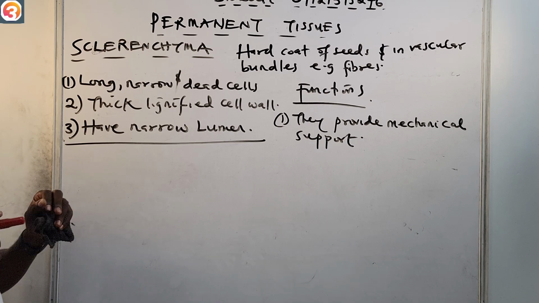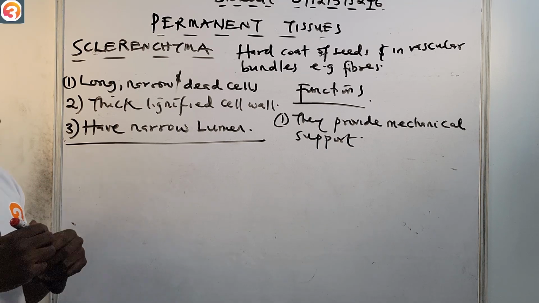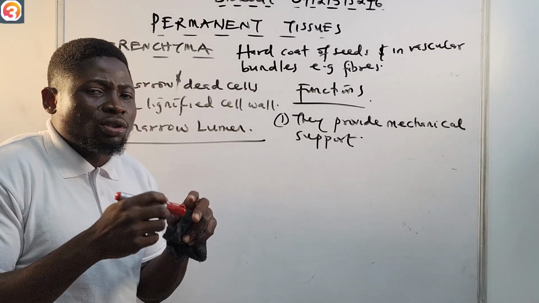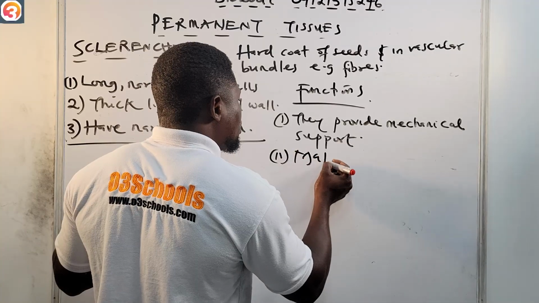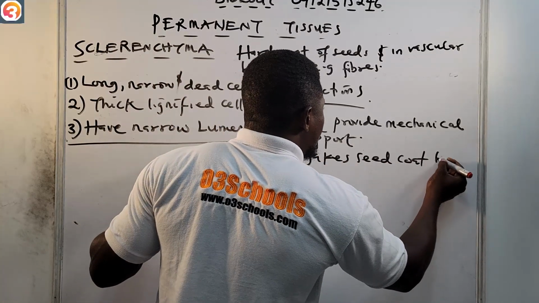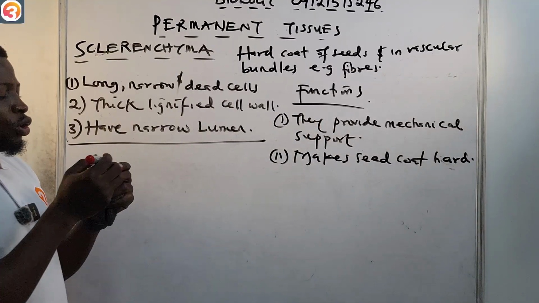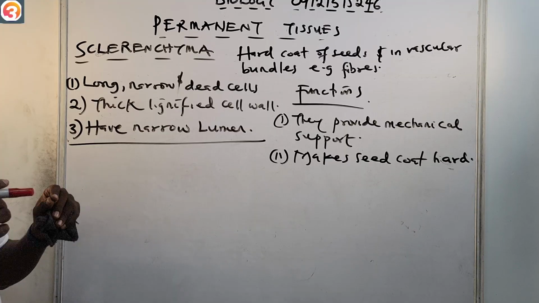Number two, they make the seed coat very hard. They make seed coat hard. Number one, they provide mechanical support. Number two, they make seed coat hard.